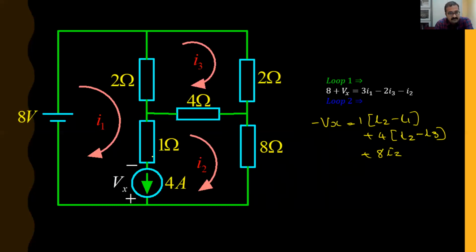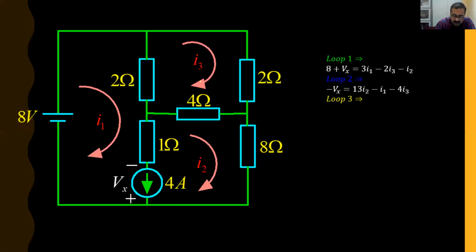Sum of potential rises must be equal to sum of potential drops in a closed path or loop. So minus Vx equals the drop in 1 ohm, that means 1 into I2 minus I1, plus the drop in 4 ohm. The current through 4 ohm is I2 minus I3, plus the current in 8 ohm is I2, so the drop in 8 ohm will be 8 I2. So this is the loop equation for loop 2.